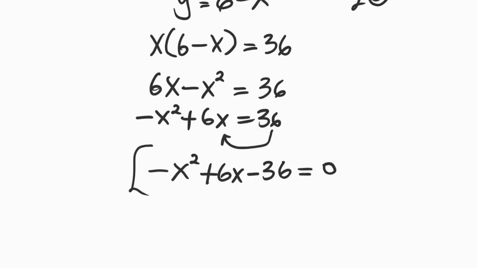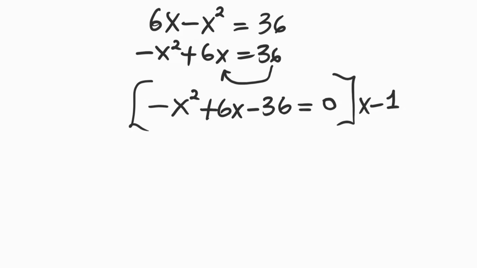Now, in order to make the x squared have a positive sign, we can multiply through by minus 1. Now, this becomes x squared minus 6x plus 36 is equal to 0. Now, this is our quadratic equation.